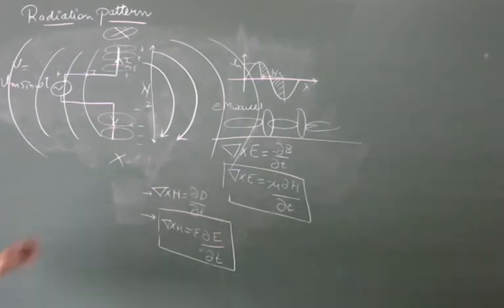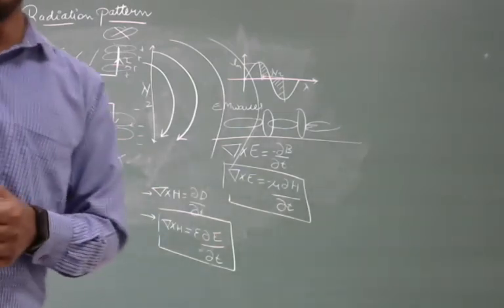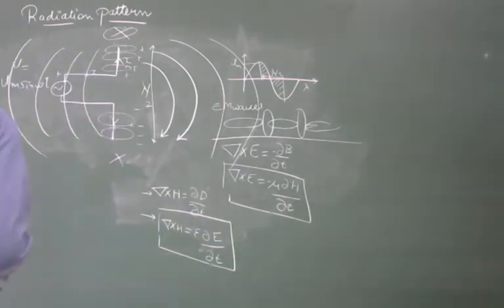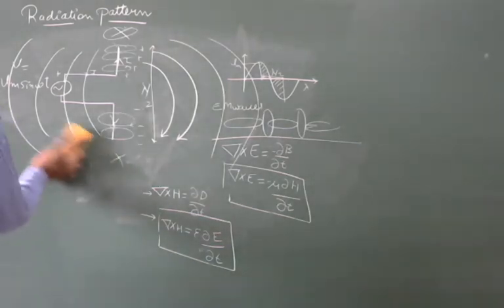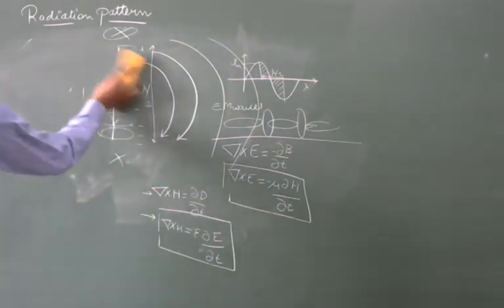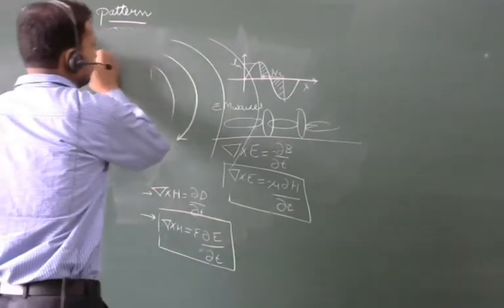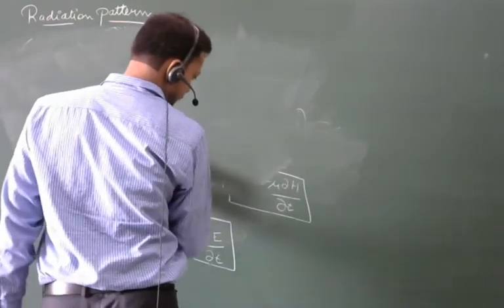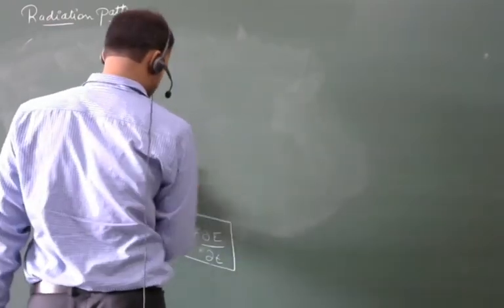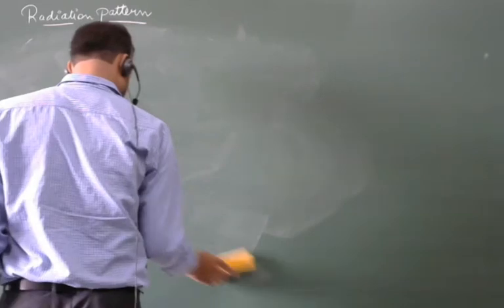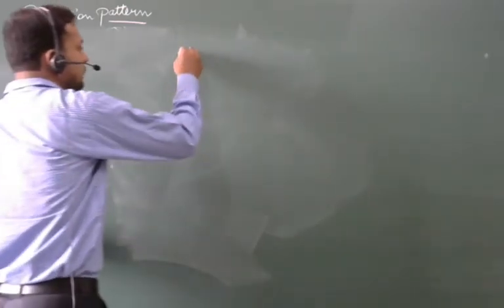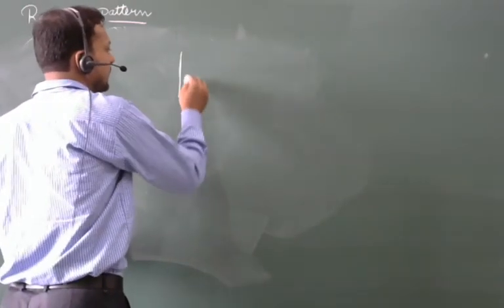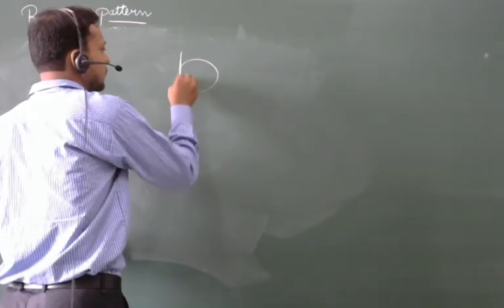So the overall radiation pattern in the three-dimension space is something like that. If this is a wire, the overall radiation pattern is something like this.